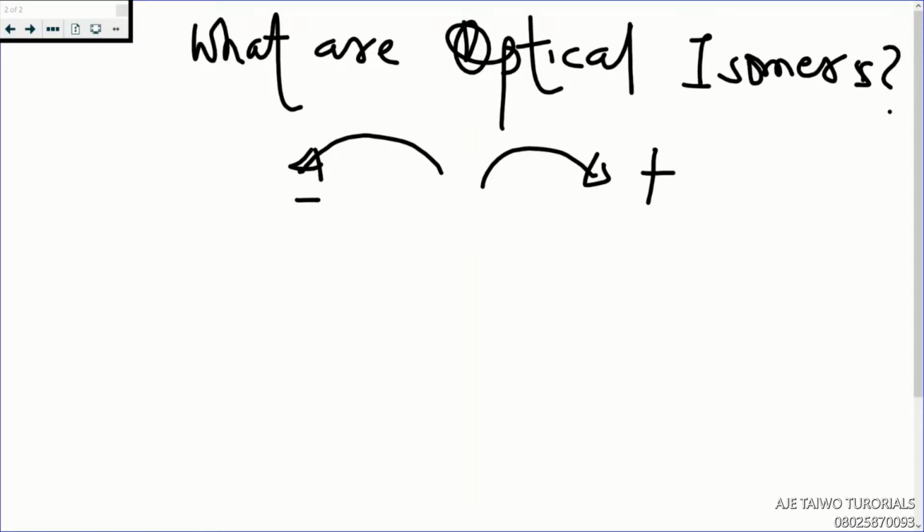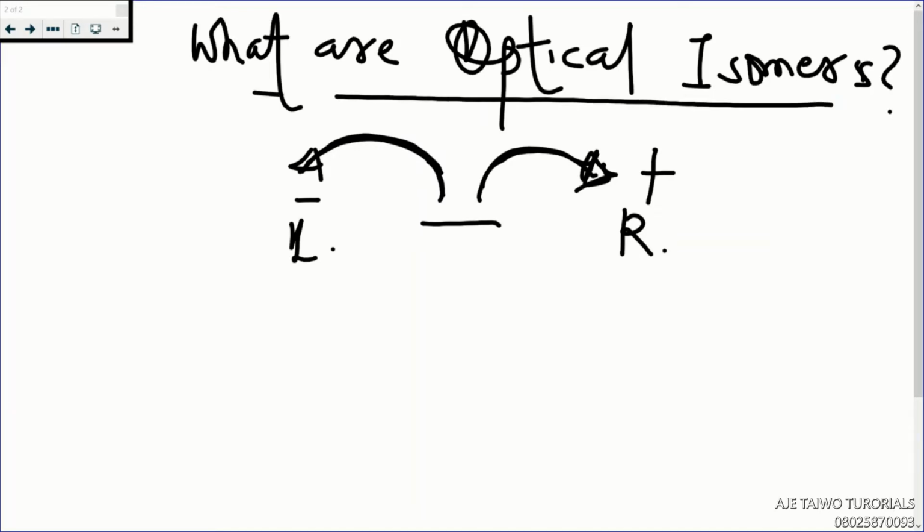So if you have the plane of polarized light rotating to the right or to the left, it means we're going to have two types of optical isomers, based on the direction in which the plane of polarization of light is rotated.